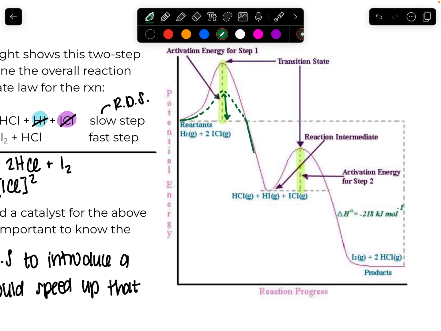Then the rest of my potential energy diagram isn't going to change at all. This is still going to be the fast step. I'm still going to end up at the exact same potential energy of my products, because it doesn't matter how you get to the end. Hess's law says the energy is going to be the same.